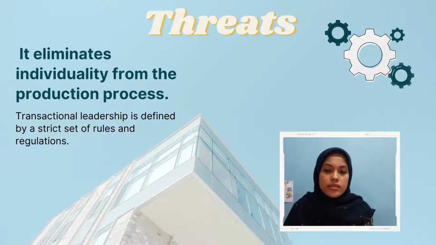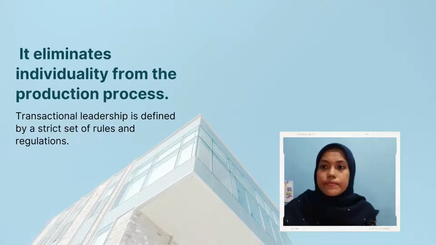Under this leadership style, violating policy or refusing to follow instructions can often lead to the termination of workers. Workers are expected to fulfill their duties without complaint. Without individuality, there is no flexibility, which means this leadership style can fail under certain conditions.